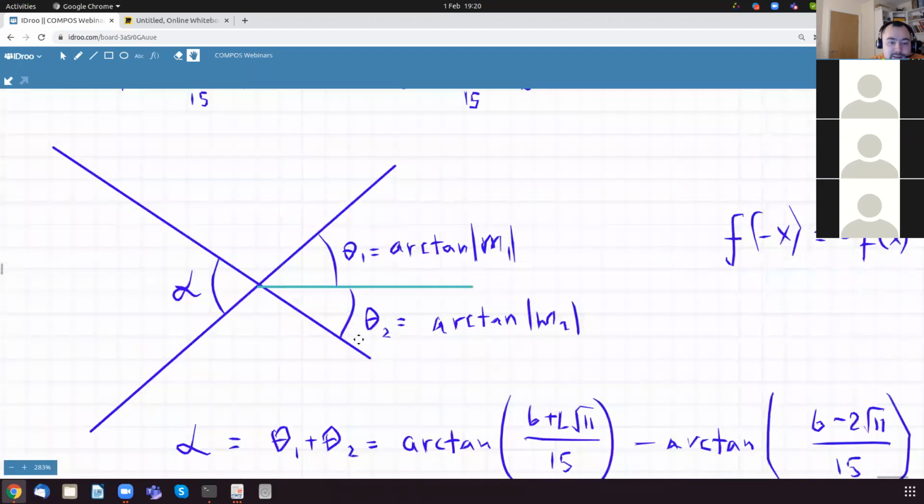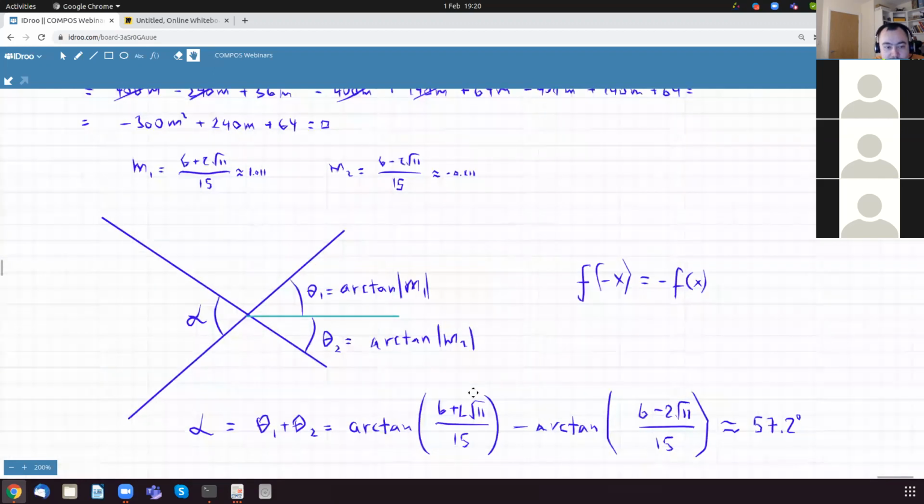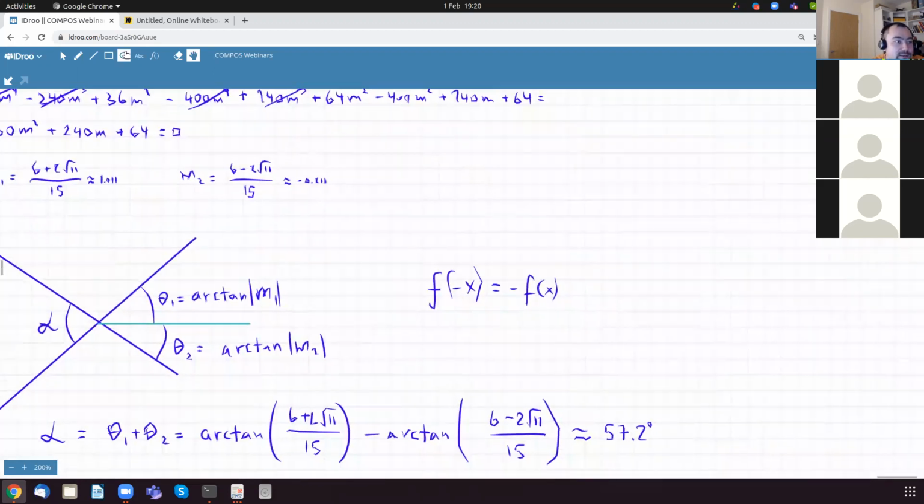Well, I know that M2 is a negative gradient, because the line is sloping downwards. So I took the mirror version of that line, which goes up with the same gradient, and found the arctan of that line, which is the same as the bottom one.